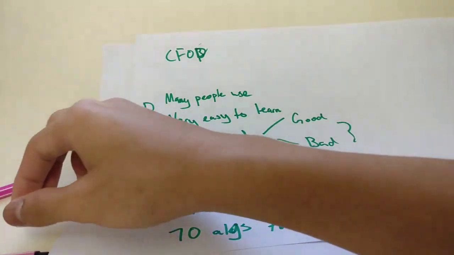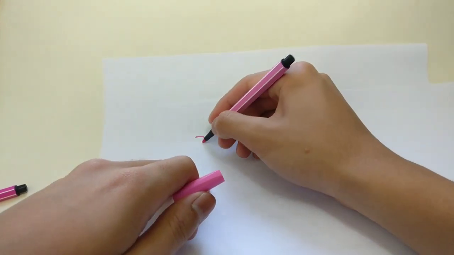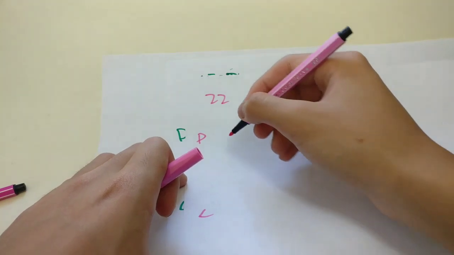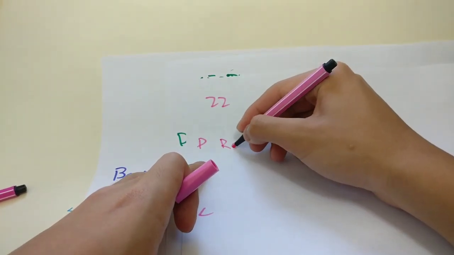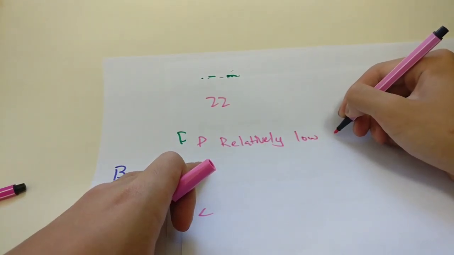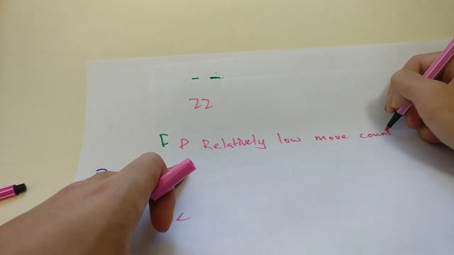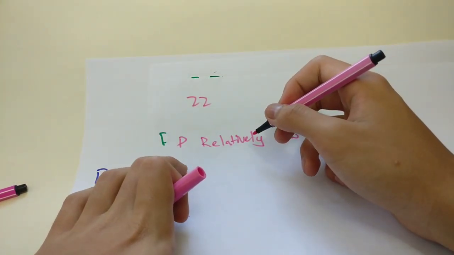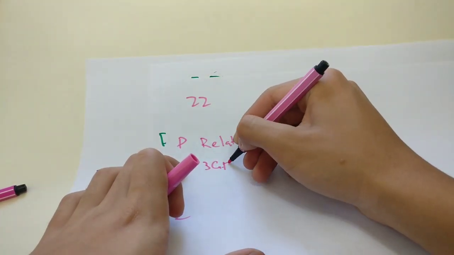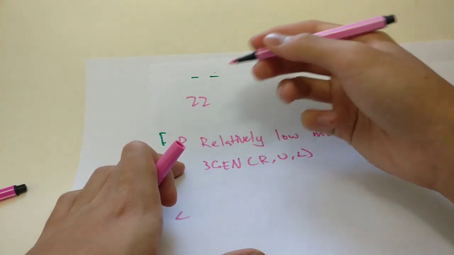So next up we have ZZ. So ZZ has a relatively low move count. And also it's 3 gen, which means you only need R, U, and L moves during F2L.